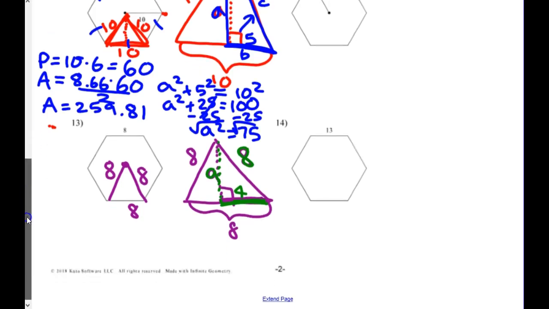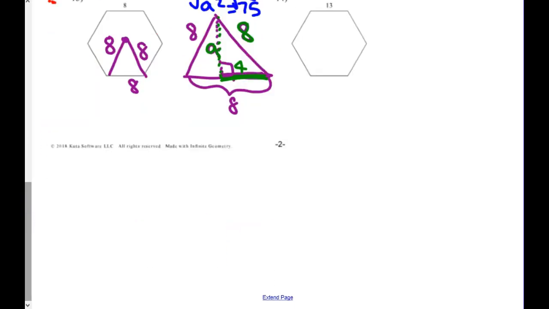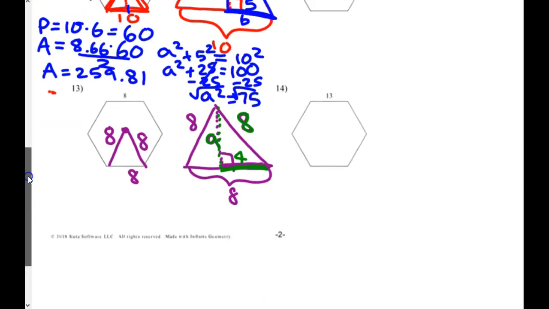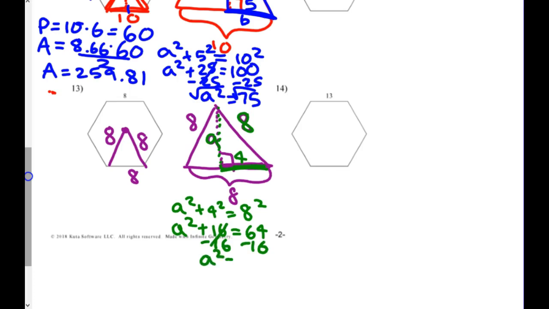I promise you, this is going to be the exact same process as the one we just did, okay? So let's do Pythagorean Theorem, okay? A squared plus 4 squared equals 8 squared. All right, I'm going to do this a little quickly, so don't blink. 4 squared is 16. 8 squared is 64. These numbers are on different sides. I'm going to have to subtract. A squared equals 48.